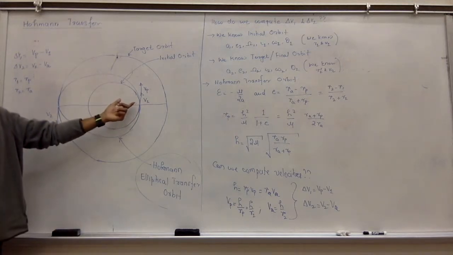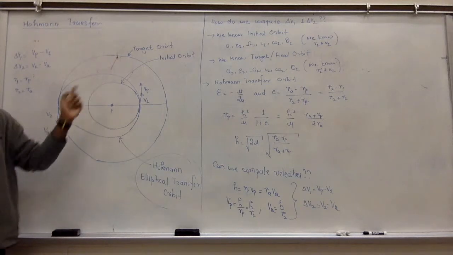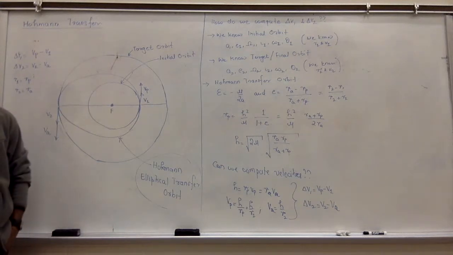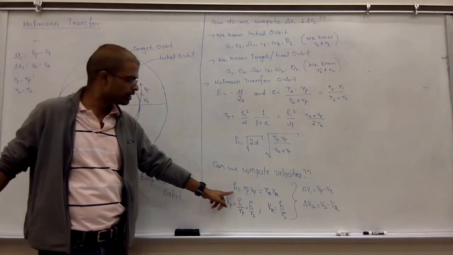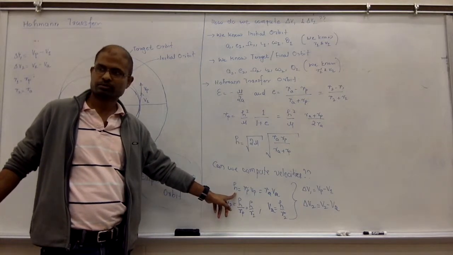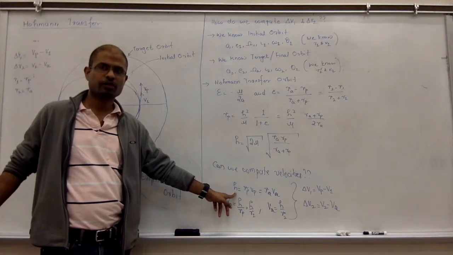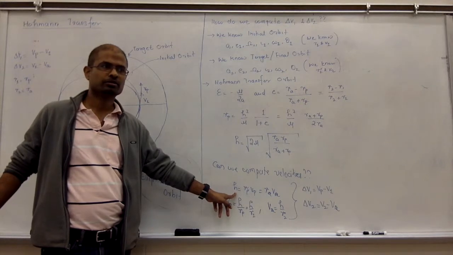It's bigger; the semi-major axis for the elliptical orbit is much bigger than for the circular orbit. So h is not the same. Which h is this? This is the transfer orbit h.